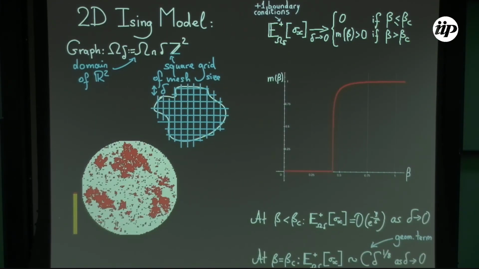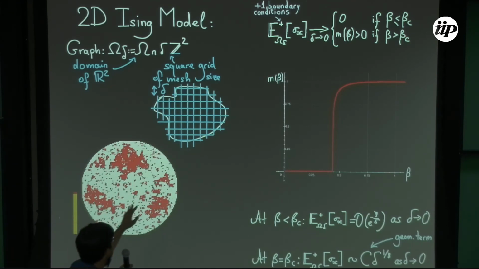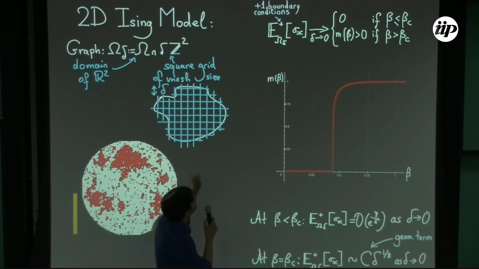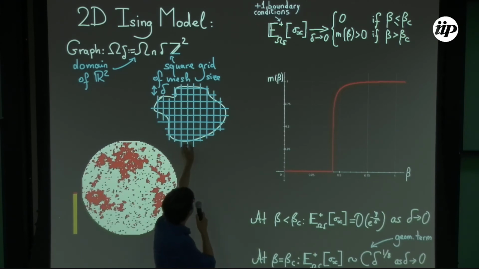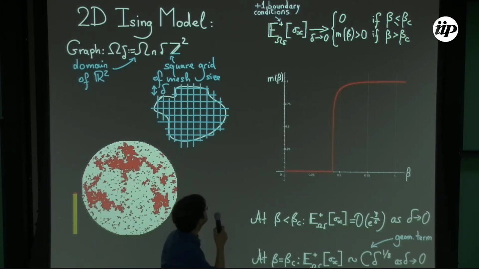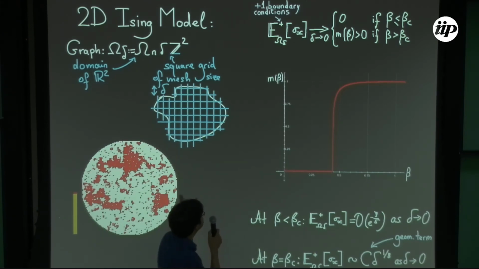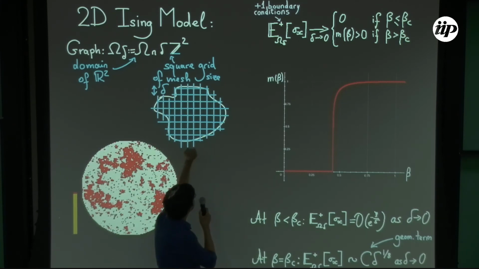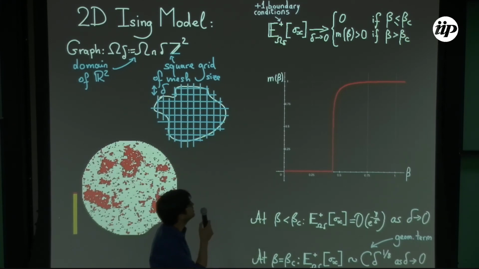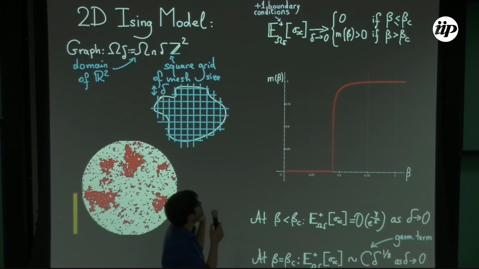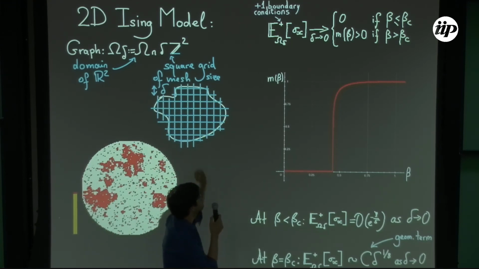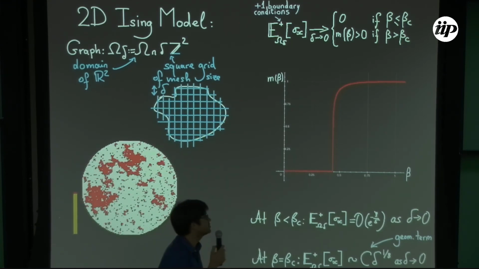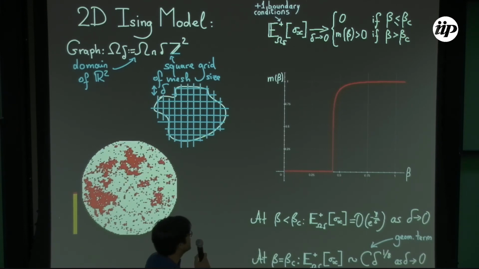One way to describe what's happening is in terms of such a picture. You discretize a domain with a fine square grid of mesh size delta, and you take, say, plus boundary conditions, and you look at a spin in the bulk, and you ask what is its limit as the mesh size gets small, as we look at the system from far away.